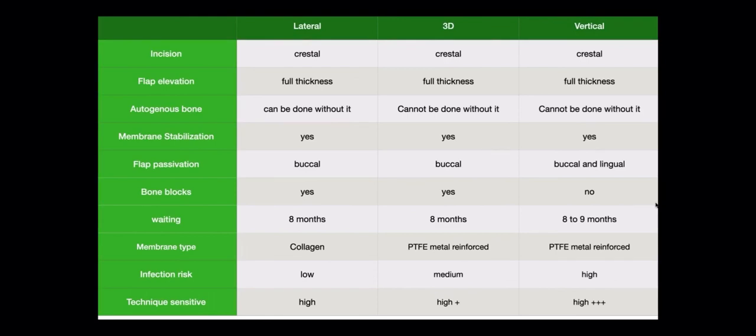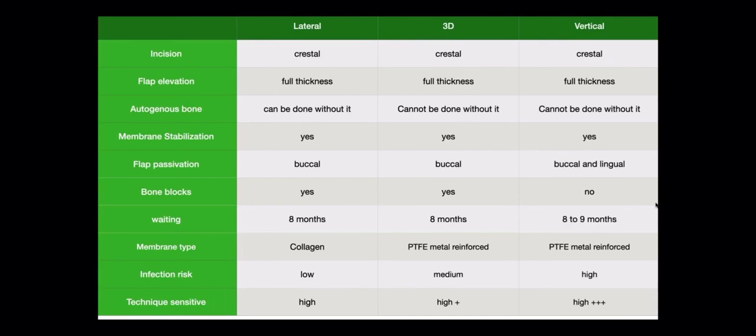We have to pacify the buccal flap in the lateral and in the 3D, while we have to pacify the buccal and the lingual flap when we do vertical bone regeneration, especially in the lower mandible. We can use bone blocks to do lateral and 3D, but we cannot use bone blocks to do vertical. So to do vertical, in the majority of the cases, it is guided bone regeneration.